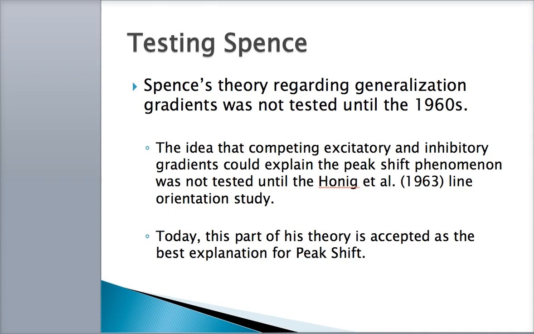Because of that one study, but other studies as well, this part of Spence's theory is accepted as the best explanation for peak shift. It's received a lot of support, and so it's basically the main way we explain the peak shift phenomenon.